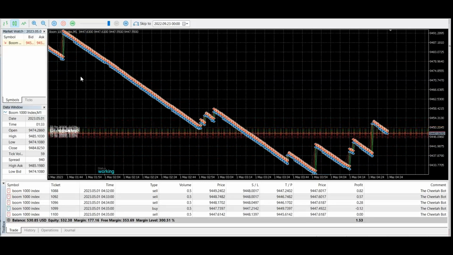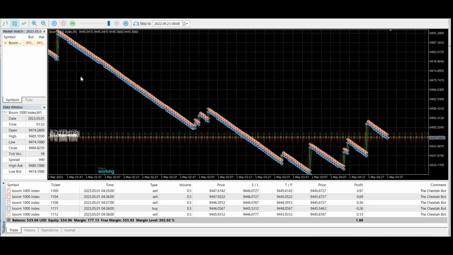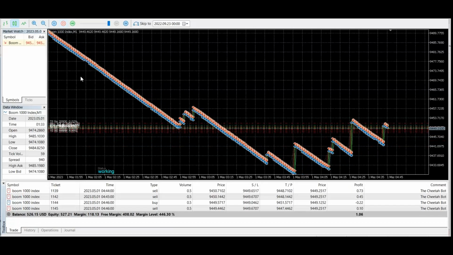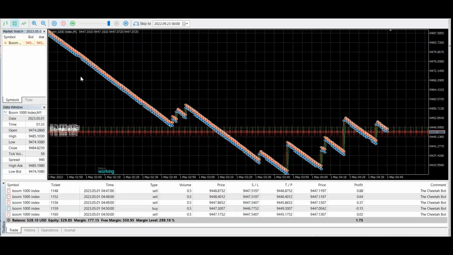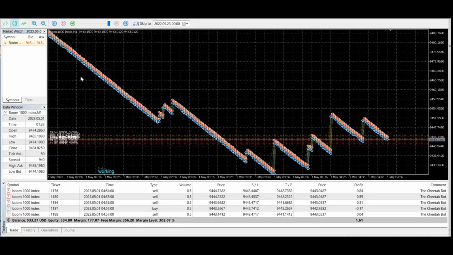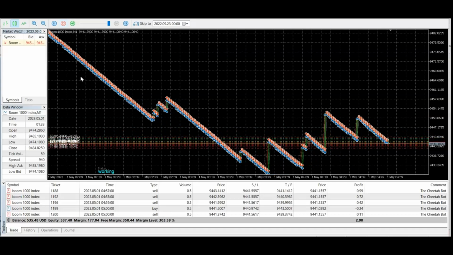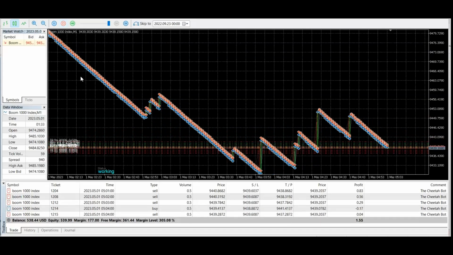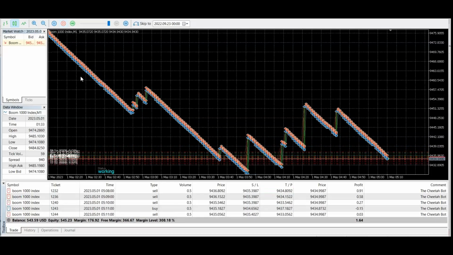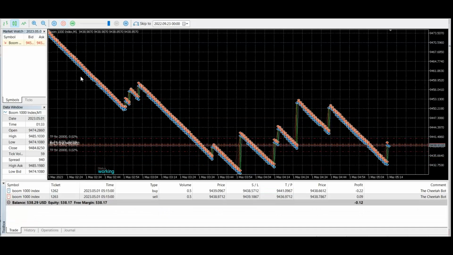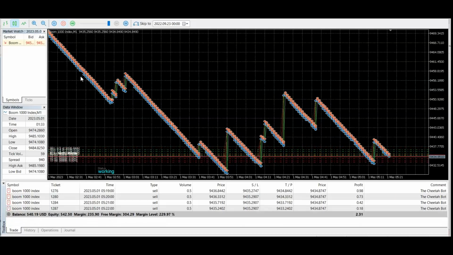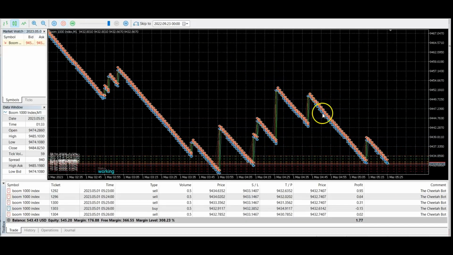Having that filter, I would put it so the EA does not open trades when it's at those levels, when it's below 40, 30, 25, and all the way to 1, because we are going to experience spikes. What's going to make it profitable is when we take the trades downwards.